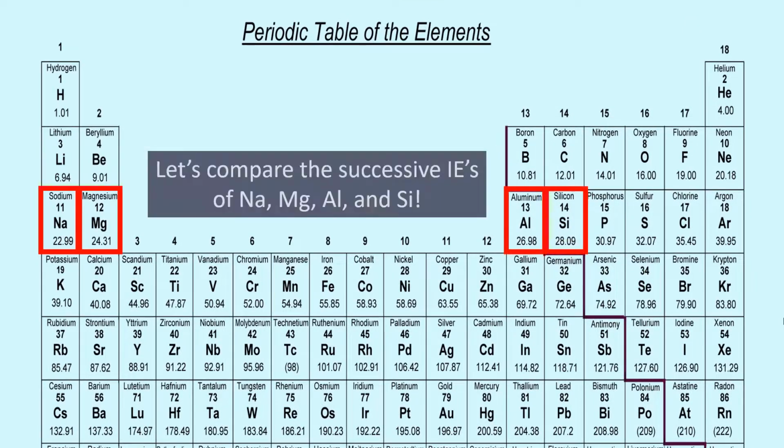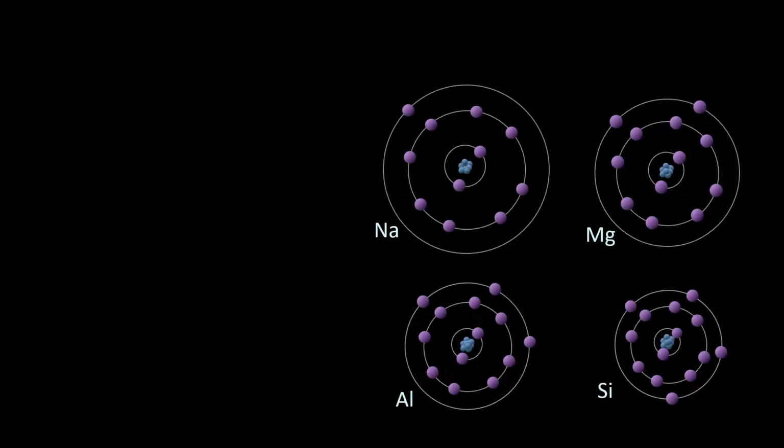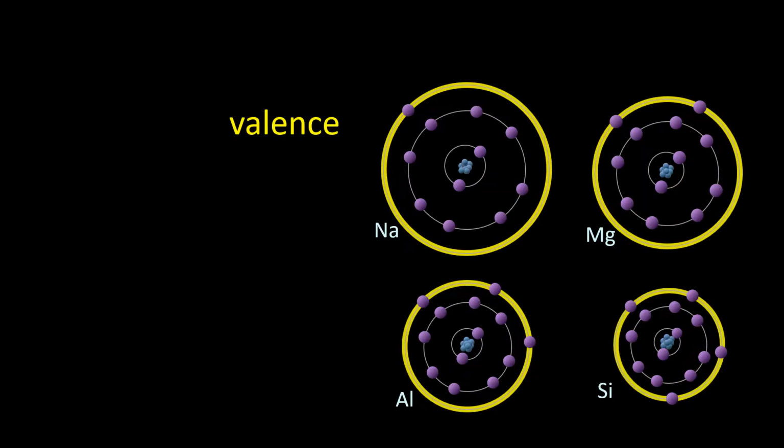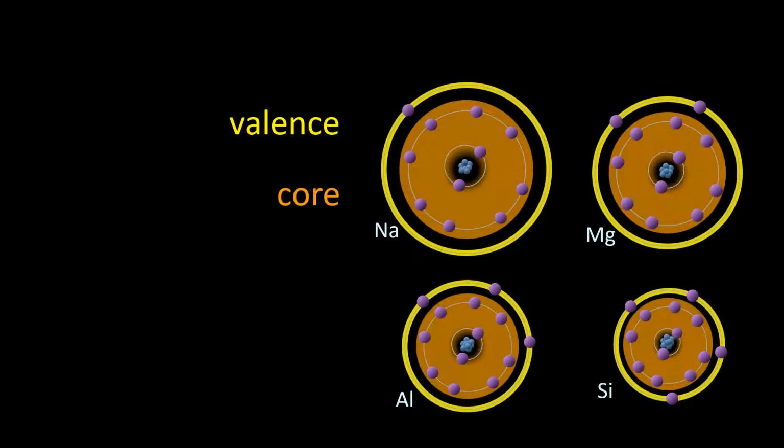Let's compare the successive IEs of sodium, magnesium, aluminum, and silicon. First, and very importantly, we need to make sure we are acquainted with where valence and core electrons are on our atomic model. It is the outer energy level where the valence electrons are, and it is the inner energy levels where the core or inner electrons are.